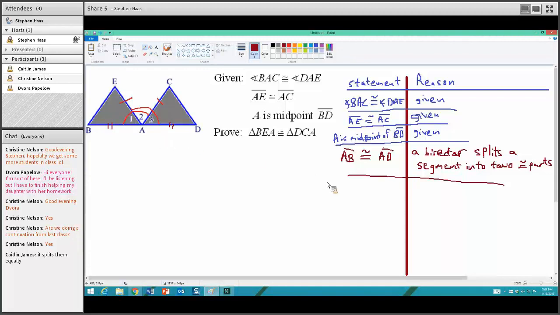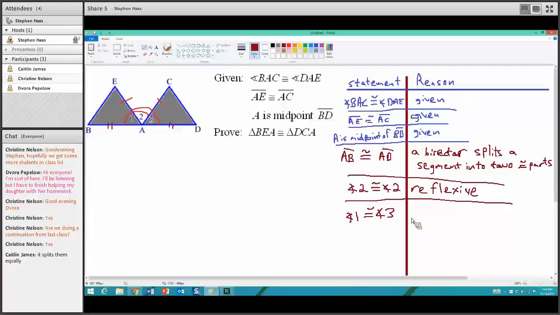So what I'm going to do is say angle 2 is congruent to angle 2, and that, of course, is the reflexive property. In a lot of these proofs, we're using the reflexive property. The reflexive property means that an angle or a side or pretty much anything is equal to itself. Once we have that, can we say that angle 1 is congruent to angle 3?